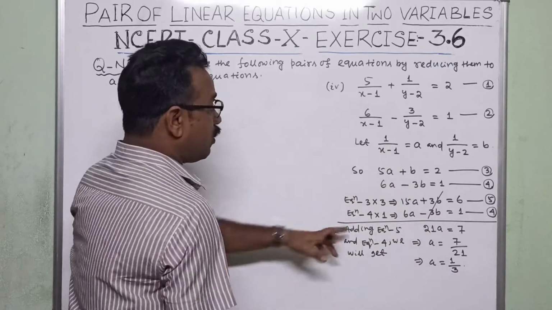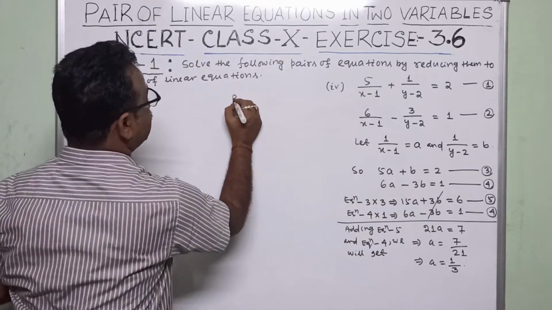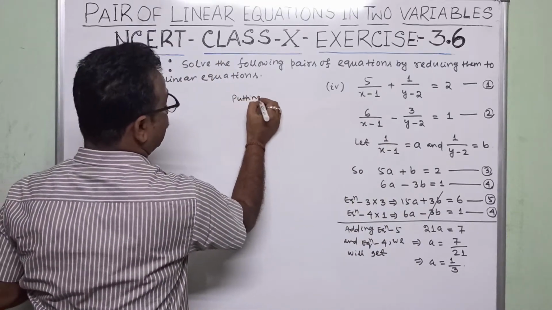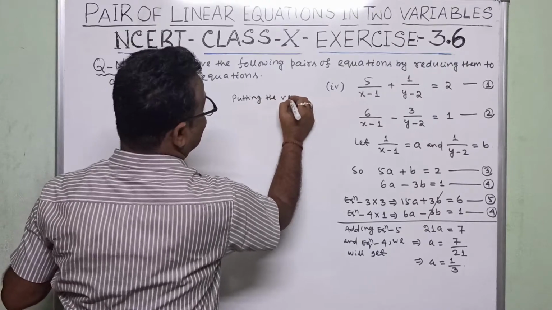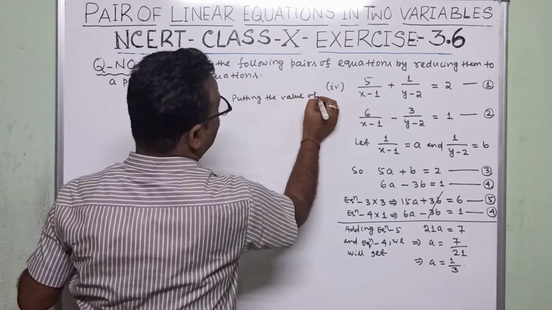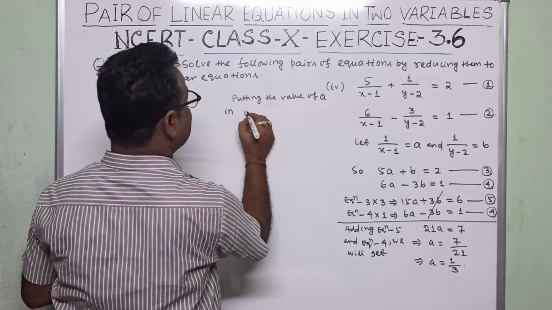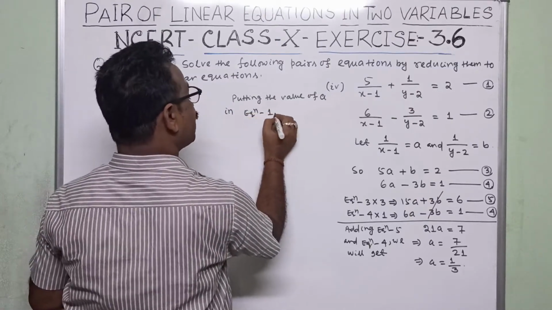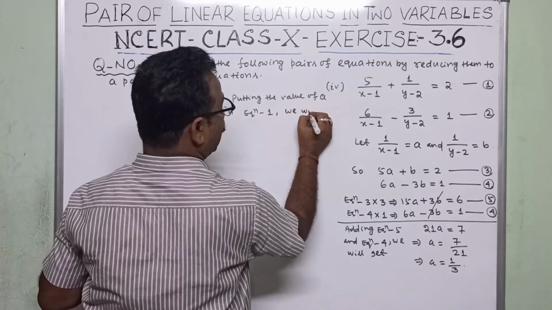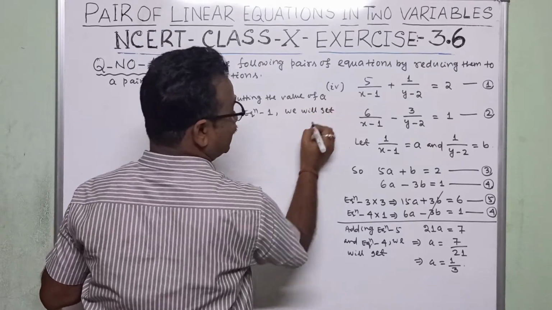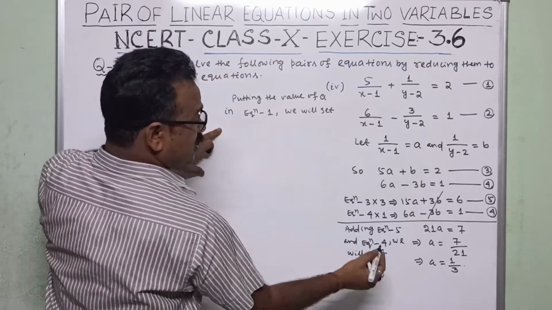Okay. Now we'll put the value of a. Putting the value of a in equation 1, we will get, a is equal to 1 by 3.